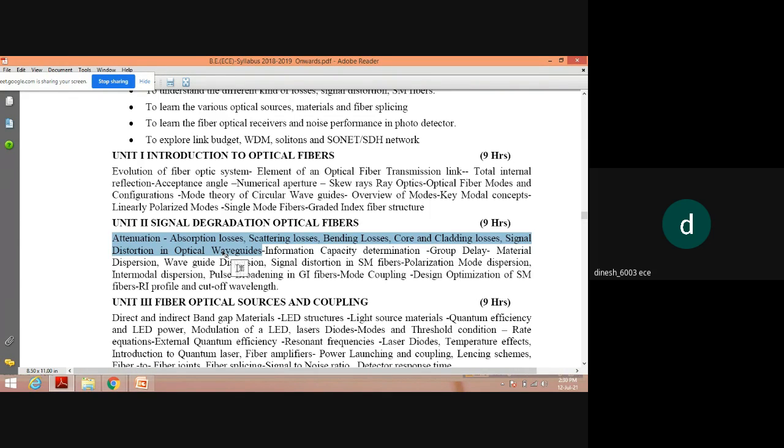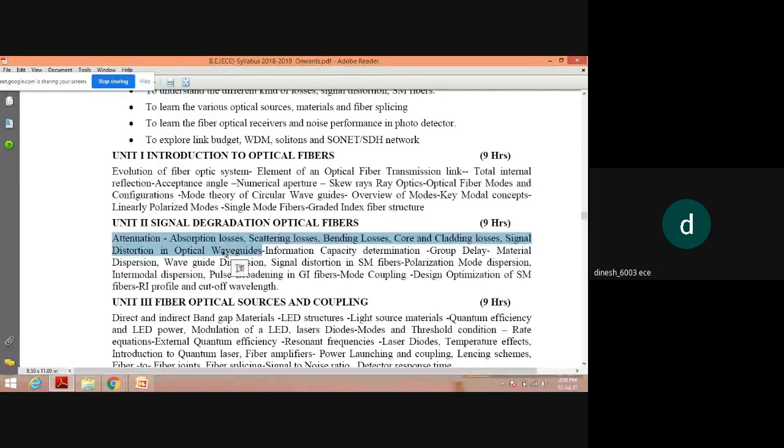Then the next degradation is distortion due to the optical waveguide's nature. Then we'll be seeing the group delays, then a different type of degradation, which is dispersion in terms of material, in terms of waveguide.